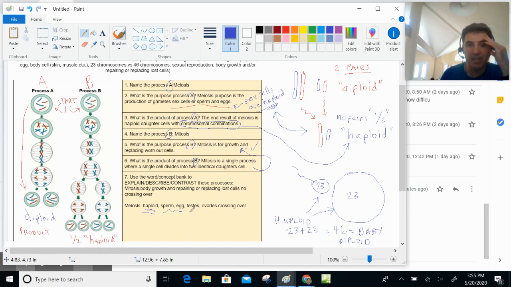This happens inside the testes or ovaries. Crossing over helps to make more variation. These are all correctly associated with meiosis, but it'd be nice to put them into a sentence if you can. Mitosis, you said body growth, repair, and replacement of lost cells. No crossing over, good. And this is also diploid.